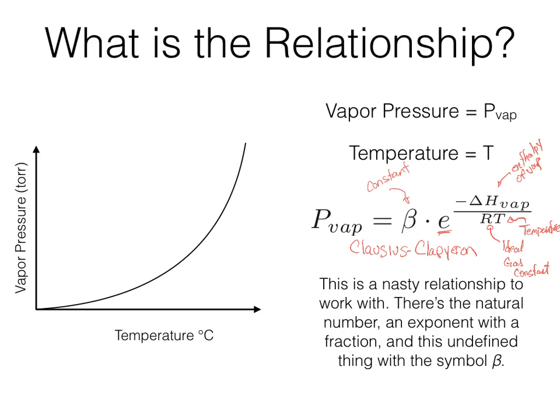So we are not going to use this relationship. In our next video, we're going to turn this relationship into a form that we can use. But from this relationship, we can see that the vapor pressure is related to the energy required for vaporization and the temperature.